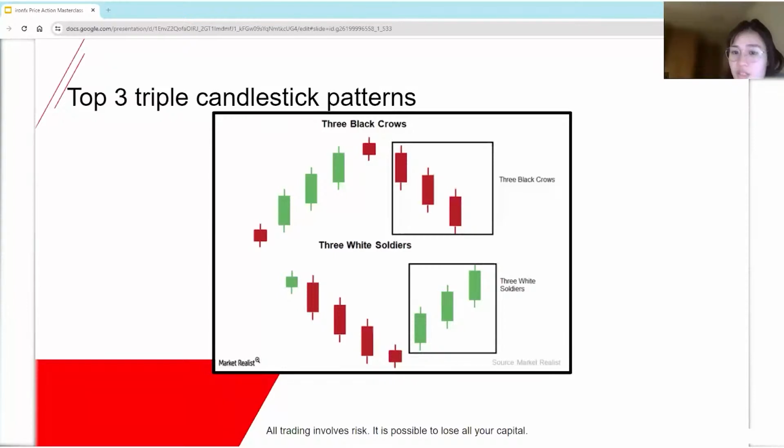So these are just basically three consecutive long body bearish candlesticks with progressively lower closes, indicating a stronger bearish sentiment. So the opposite of a three white soldier candlestick pattern.